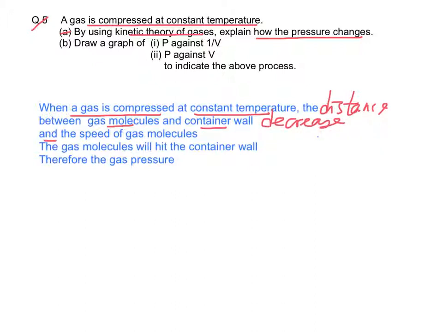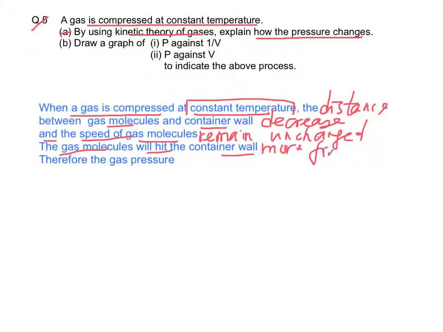But since the temperature is constant, the speed of the gas molecules will remain unchanged. So, the gas molecules will hit the container wall more frequently. Therefore, the gas pressure will increase.